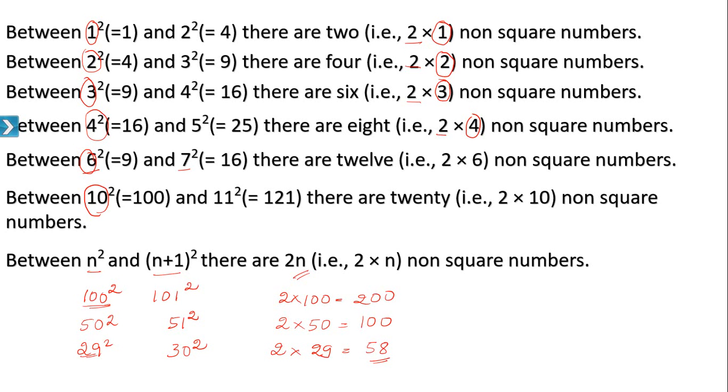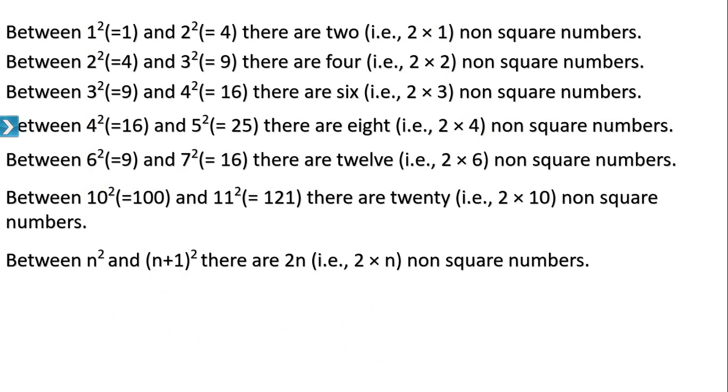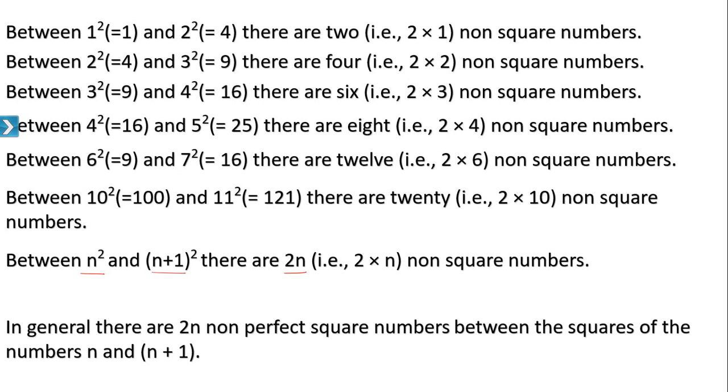So without counting we can say how many non-square numbers there are between two square numbers. You have to remember the formula: between n square and n plus 1 whole square there are 2n. Double the first number. So in general there are 2n non-perfect square numbers between the square of n and n plus 1.